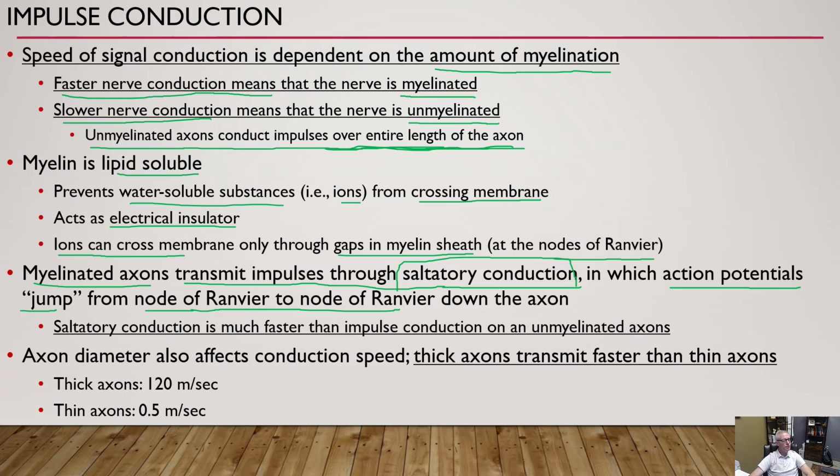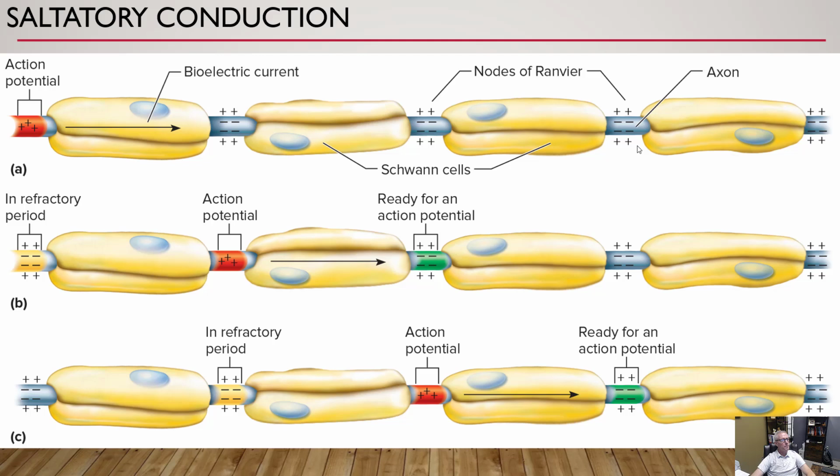So saltatory conduction is much faster on myelinated axons than on unmyelinated axons. All right, so here's our myelinated axon.